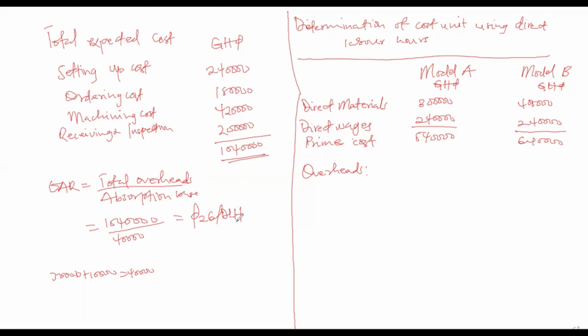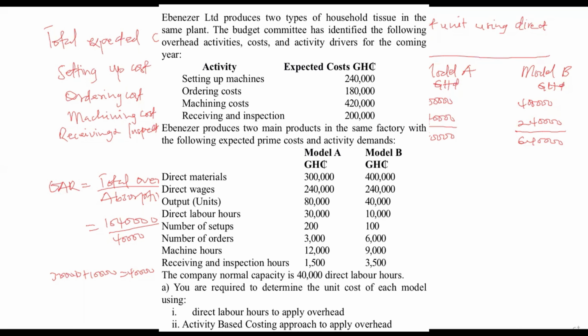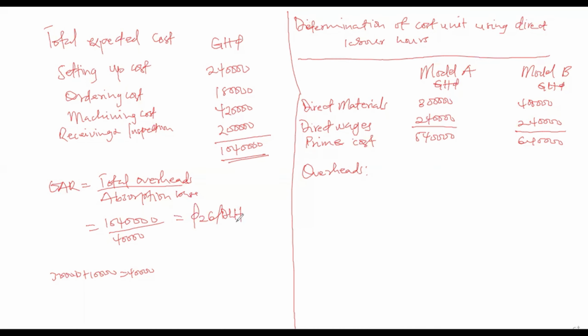You get it. So if the question says that use machine hours as the absorption base, then when you get your rate, you multiply by the number of machine hours used by the product or model.